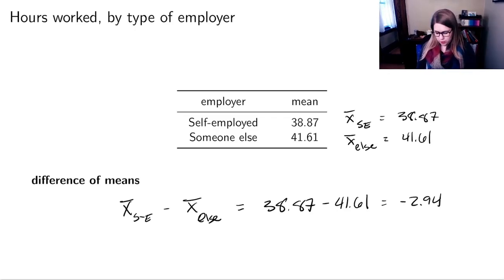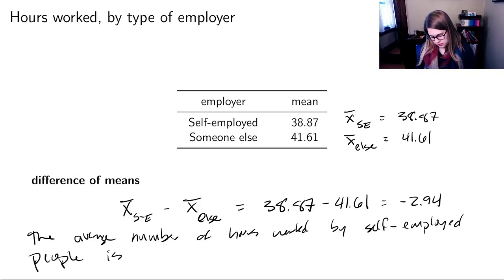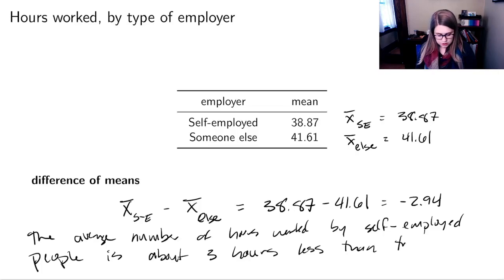So if I wanted to interpret that, I could say the average number of hours worked by self-employed people is about 3 hours less than the average for people who work for someone else.